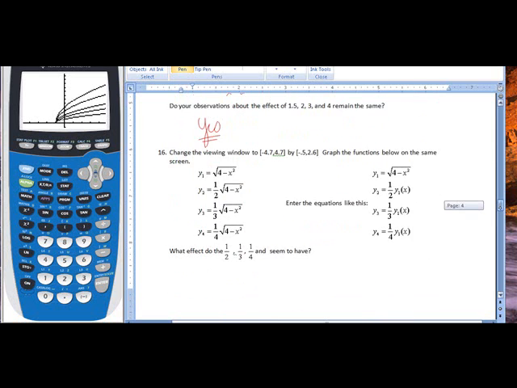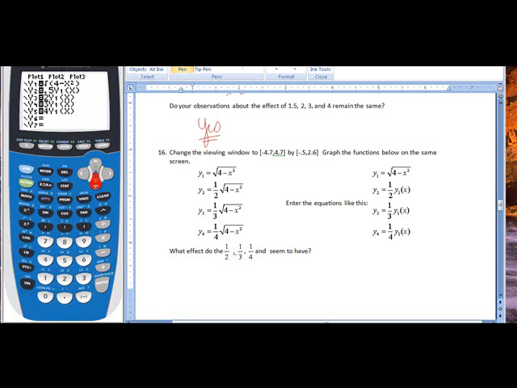Okay, going back and making some changes to my equations. I'm going to go back to the original function, square root of 4 minus x squared. And then this time, instead of multiplying by 1.5, I want to multiply by 1/2, so 0.5 times the equation that's in y1 of x.